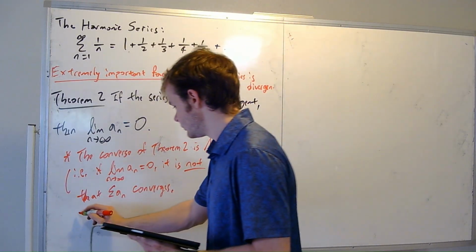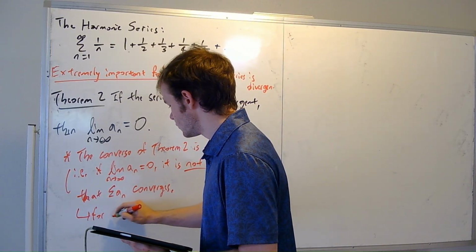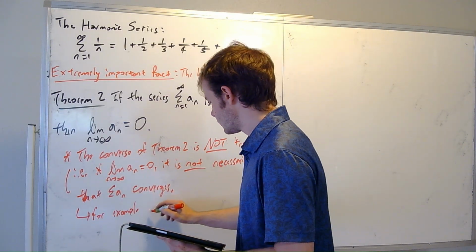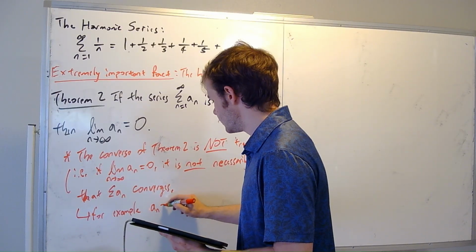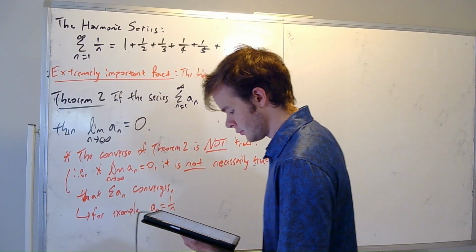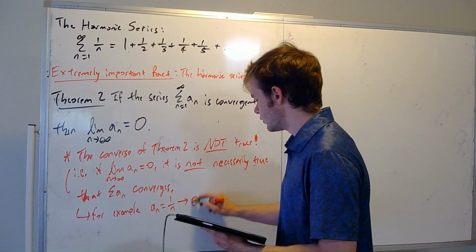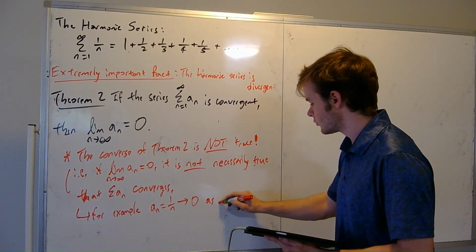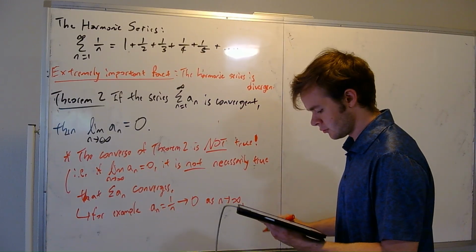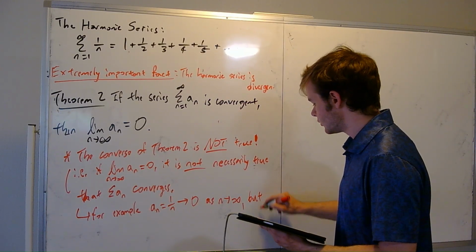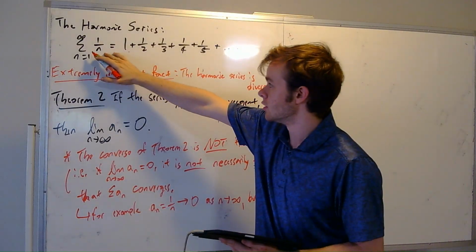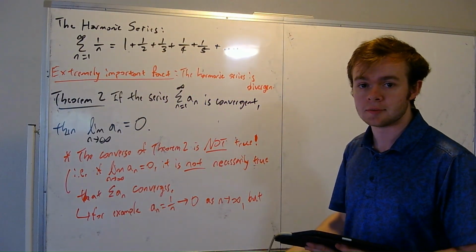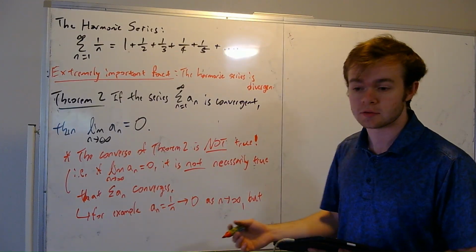For example, an equals 1 over n. So that goes towards 0 as n goes to infinity. But we saw here that the sum of all these entries is actually not going to be equal to a number. It's divergent. It's infinite.